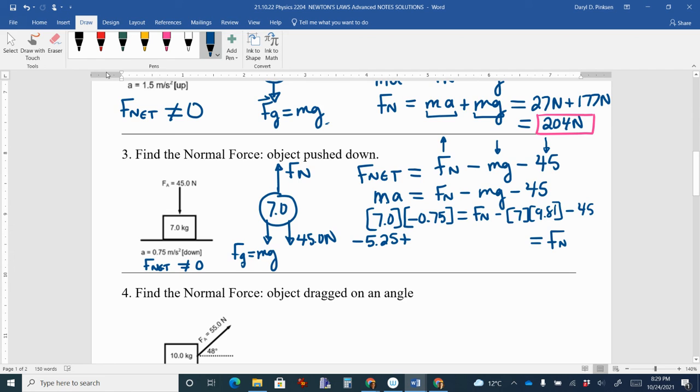So we're going to get 7 times 9.81 is 68.7. And then the 45 is going to come over and become a plus. Now don't get freaked out because I flip things around. I just put the Fn on the other side, so minus 5.25 plus 68.7 plus 45 equals 108 newtons.